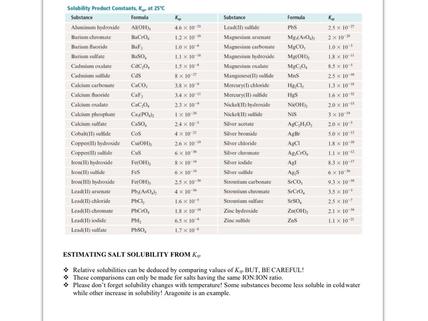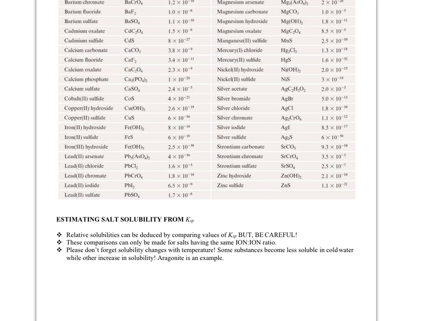And so that comes down to this little concept. When we're estimating a salt solubility from its KSP, our KSPs are basically just the products, which are, in this case, your number of ions, right?